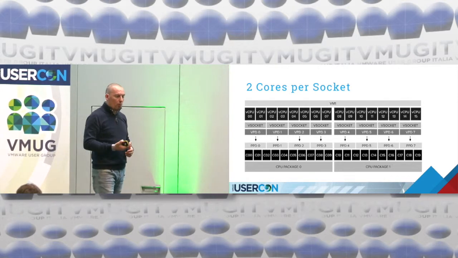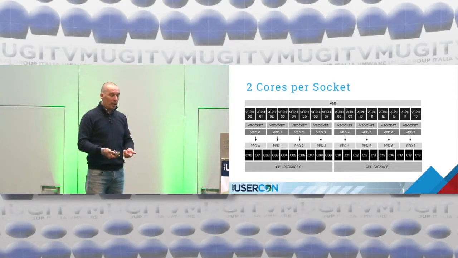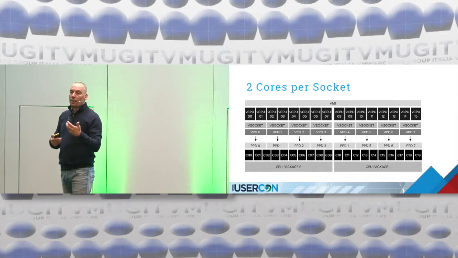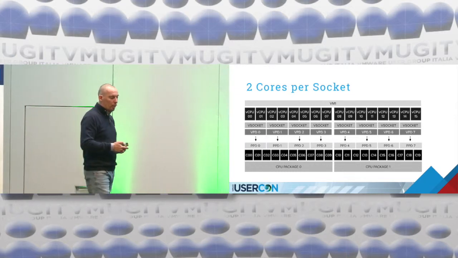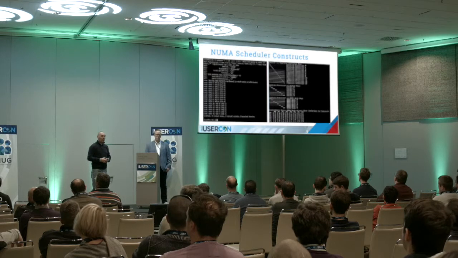Now there's another problem with this, and that's how we translate this back to the guest OS. And I think that's the most important, because that's the idea of virtual NUMA. We allow the guest OS or the application to understand how the physical environment really looks, right? So when we have a system that uses 2 vCPUs per socket, we're creating multiple NUMA nodes, and that's something the guest OS sees.